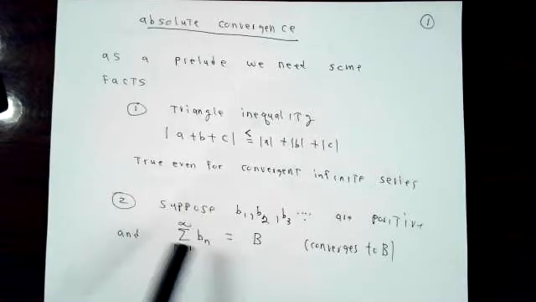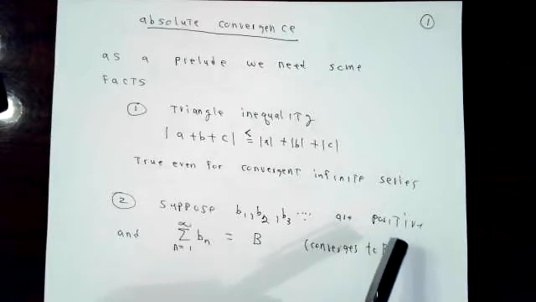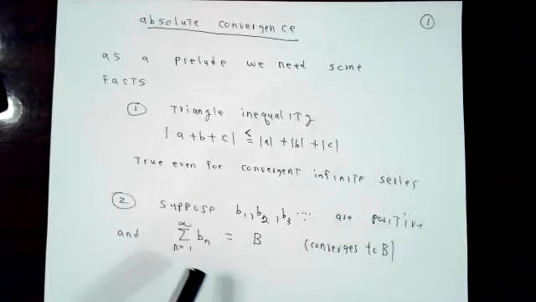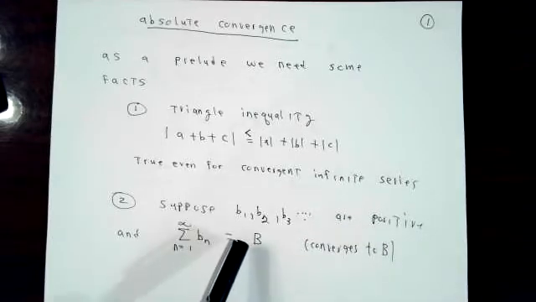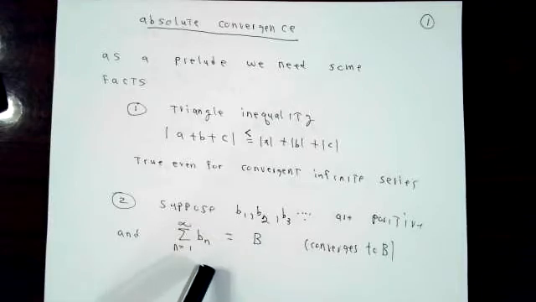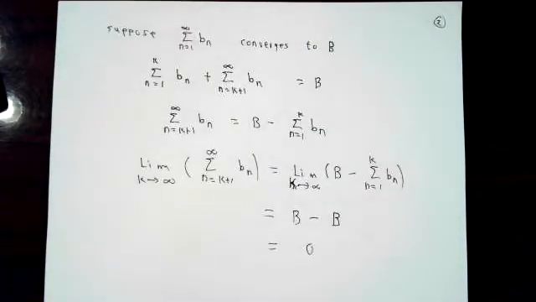Secondly, suppose you've got a sequence of numbers b1, b2, b3, all of which are positive. The infinite series based on the sequence b sub n converges to some positive real number B. I'd like to split that sum up into two chunks, but I have to make sure that what I'm talking about makes sense.